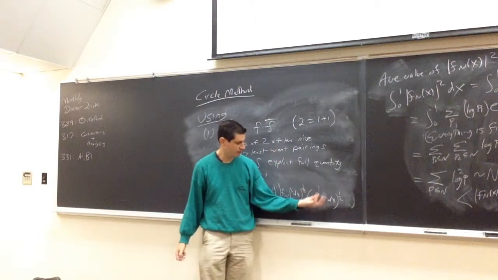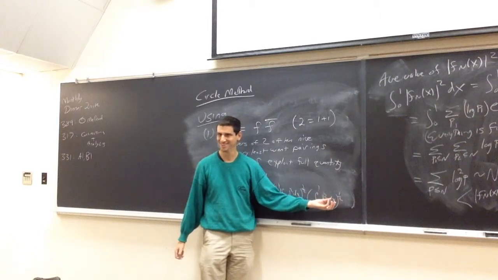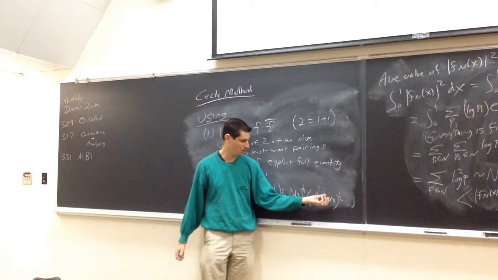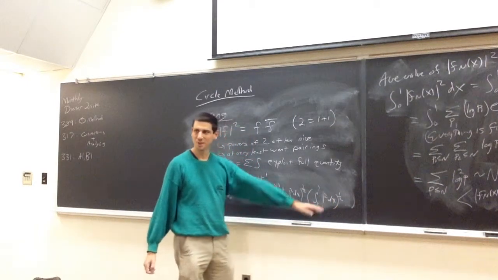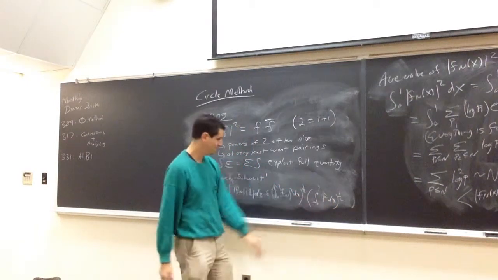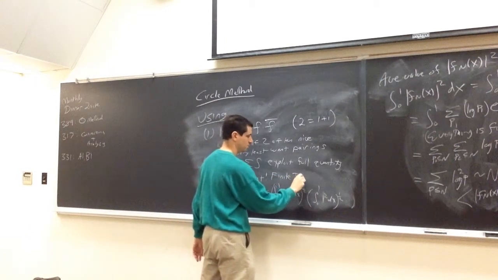This is a really nice integral. Every symbol involved is either a 0, 1, or 2. Right? We're integrating 1 squared from 0 to 1. We take the square root of that. This is just 1. So we have a finite interval.